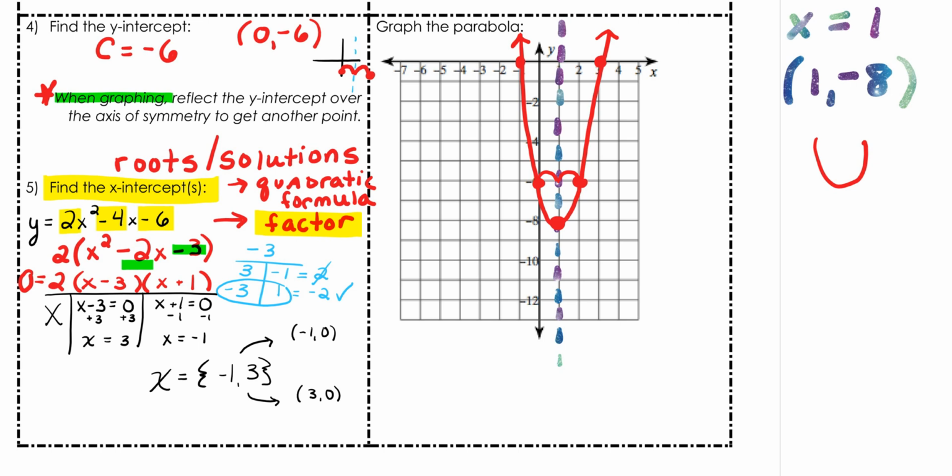So for the domain, almost every single parabola you're going to deal with, unless it's in a real world situation, if we're just looking at an equation, is going to have all real numbers as its domain. Remember this end behavior right here?